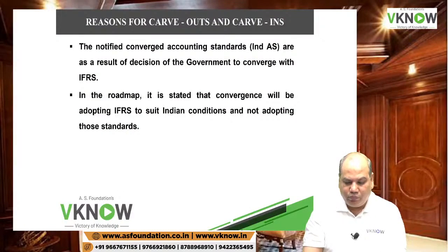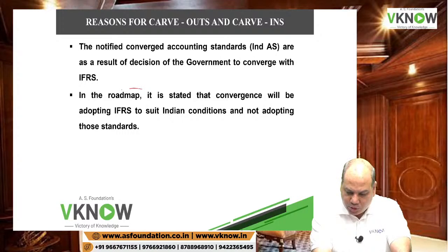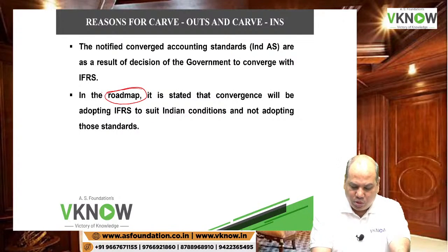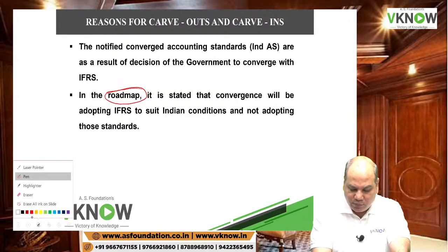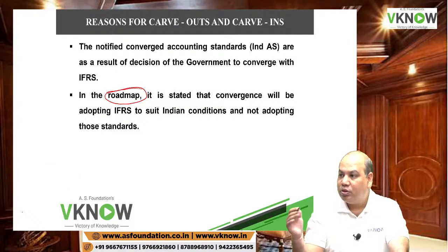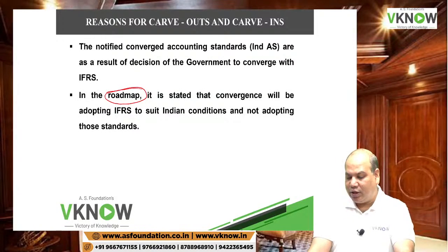Next point. In the roadmap, it is stated that convergence will be adopting IFRS to suit the Indian conditions and not adopting these standards as they are. Our institute has prepared a roadmap. What do you mean by roadmap? The roadmap will guide you how to achieve the target, that is Ind AS applicability in India.